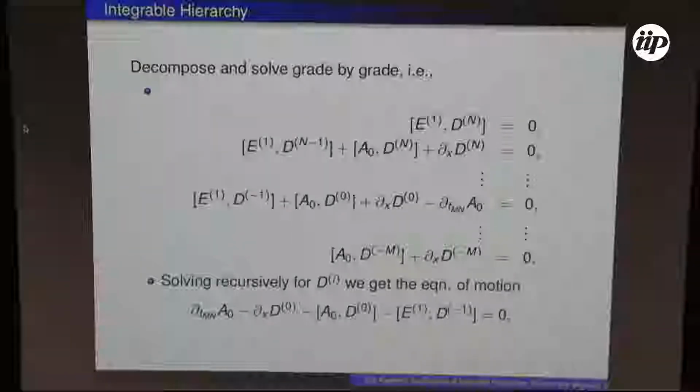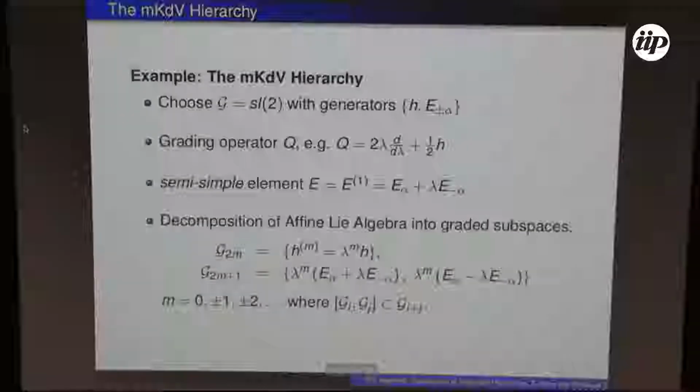I'll give an explicit example in a minute. So this is the example, which is the simplest non-abelian Lie algebra. It's just the angular momentum algebra. H is just J3 and E plus or minus alpha is J plus or minus. I take the grading operator.